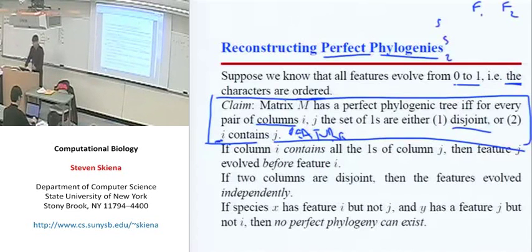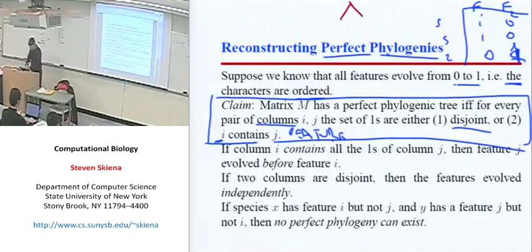Here, these species have feature 1, this species has feature 2, and the rest of them are 0. How would that property of the tree be explained? If two species have one feature, and one species has another feature, how would that be explained?